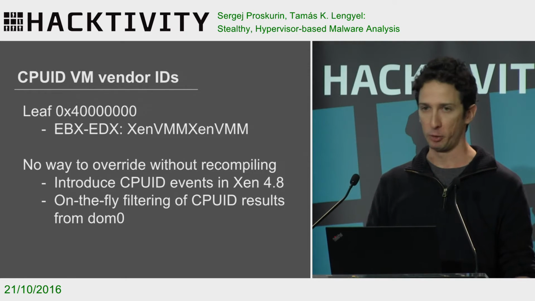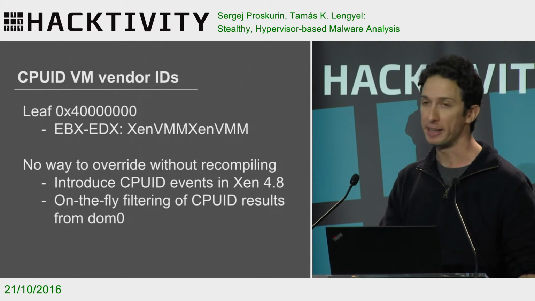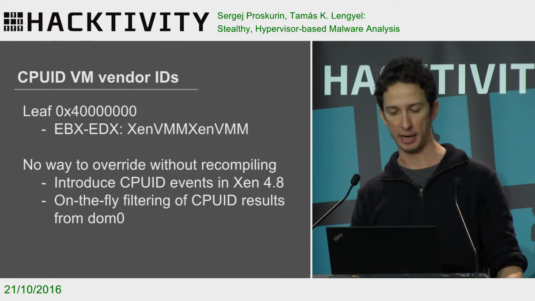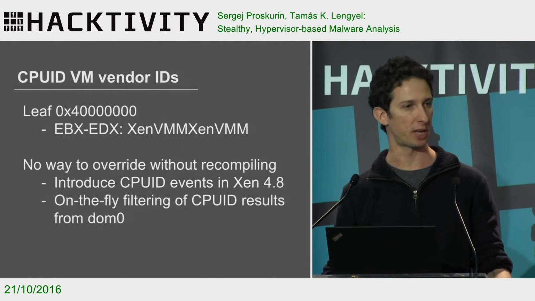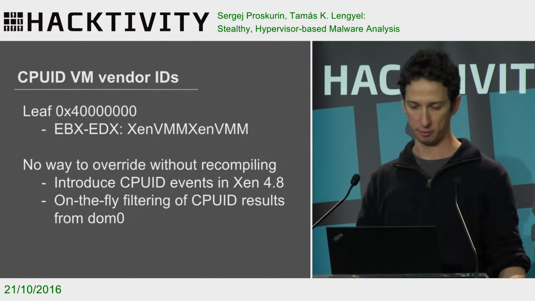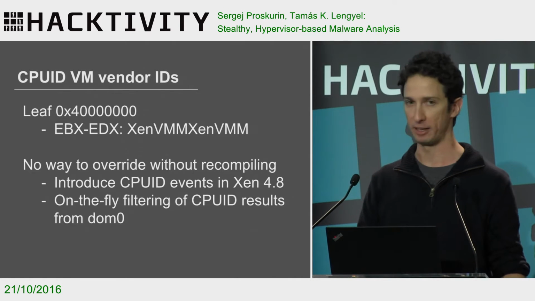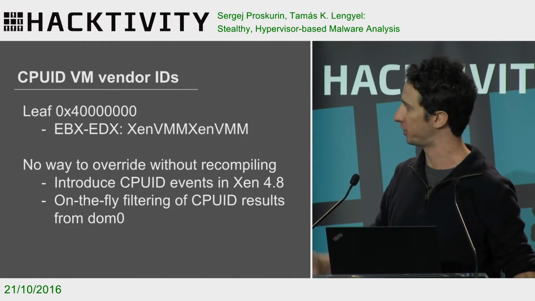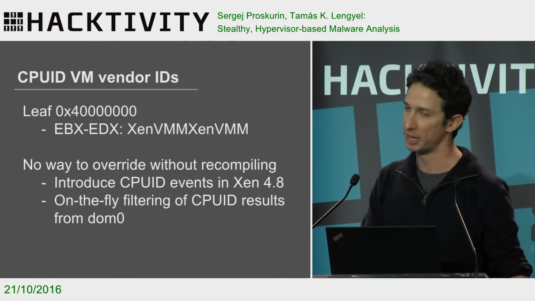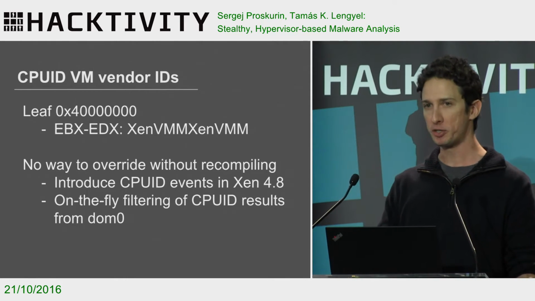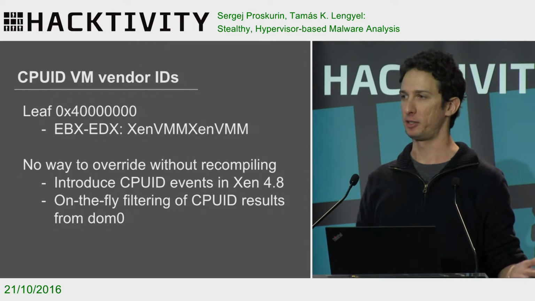The other thing that Paranoid Fish checks for is vendor IDs. So CPUID can actually include signatures for various hypervisors. Instead of getting nothing, for Xen you get this signature called XenVMM, which is still a static signature that is baked into Xen.